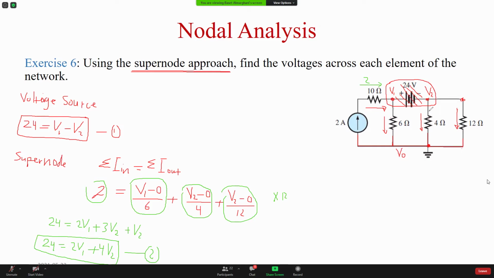The current in the 4 ohm is the same thing. The current in the 10 ohm is given, it's 2. I know it, so why should I use the resistance now? I'm using the currents here. Voltage divided by resistance is a current, but if I know the value of the current, then I don't need to use Ohm's law.